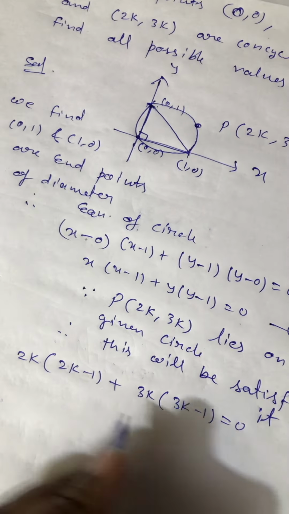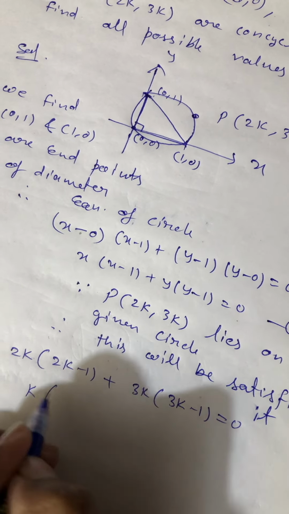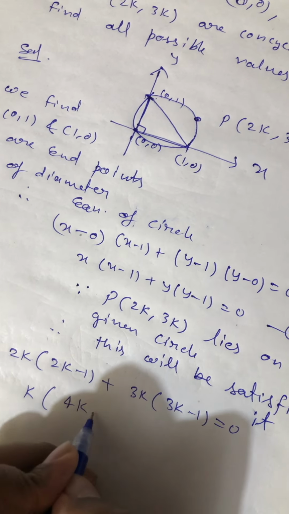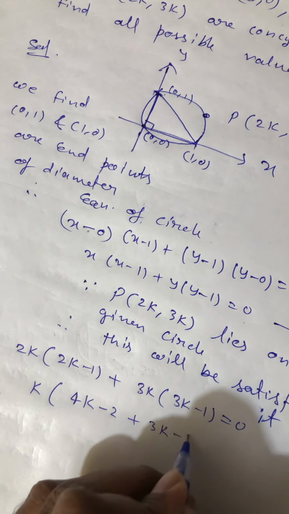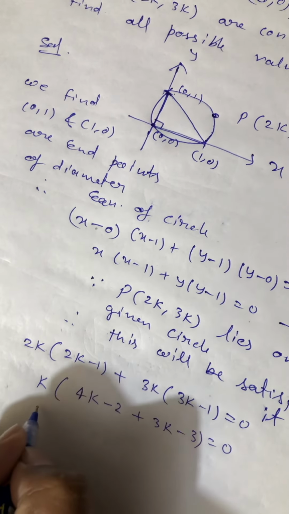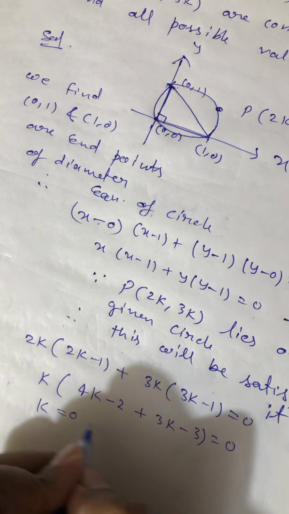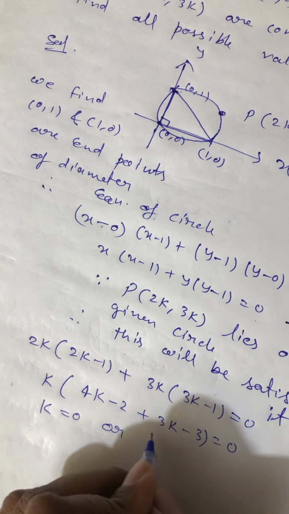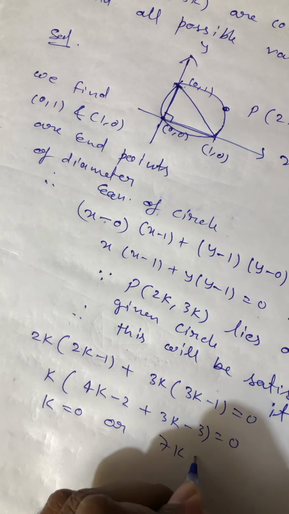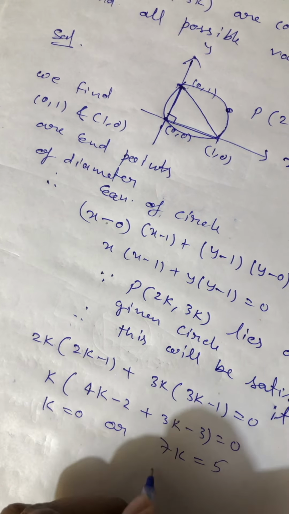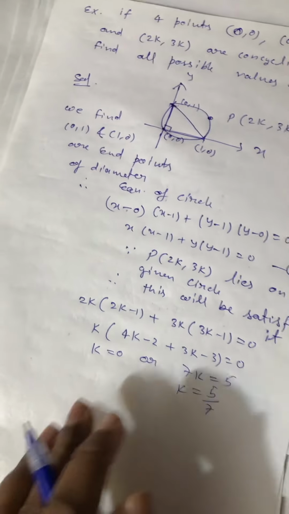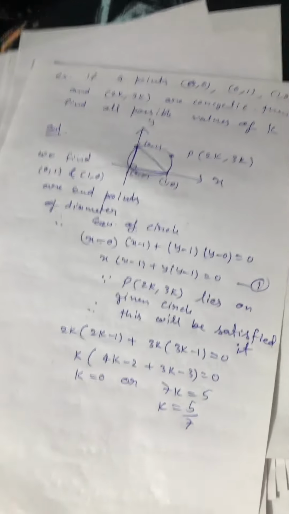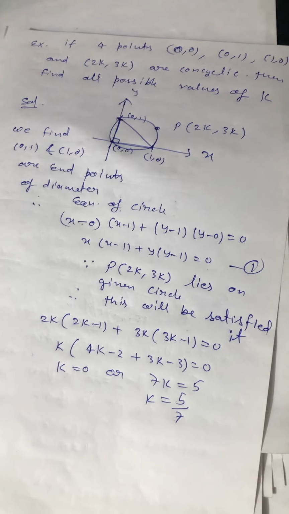If I solve this one, that will be 4k squared minus 2k plus 9k squared minus 3k equal to 0, so k(13k minus 5) is equal to 0. So k is 0 or k is equal to 5 by 13. So I have two values, k equal to 0 and k equal to 5 by 13.